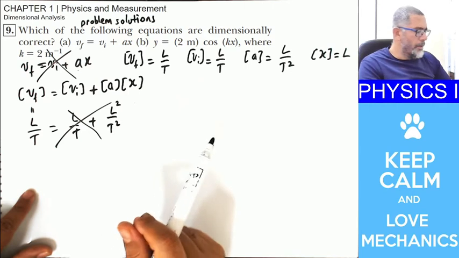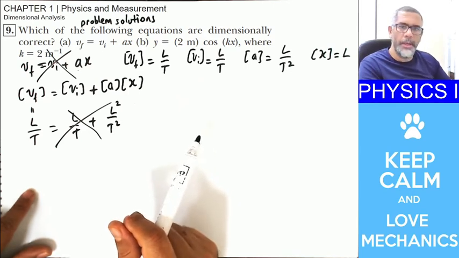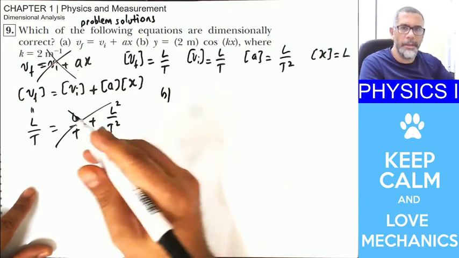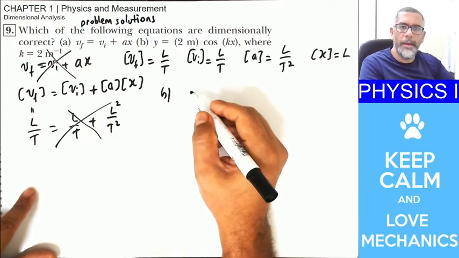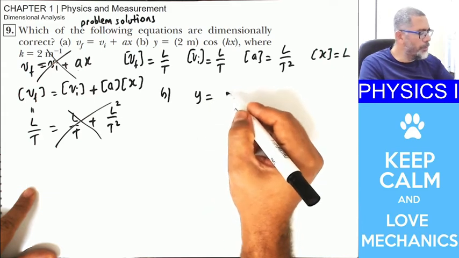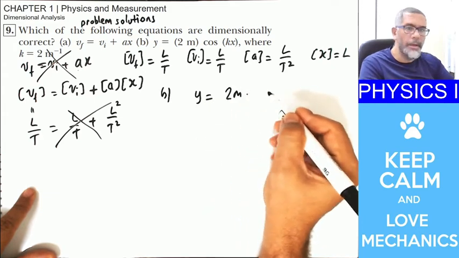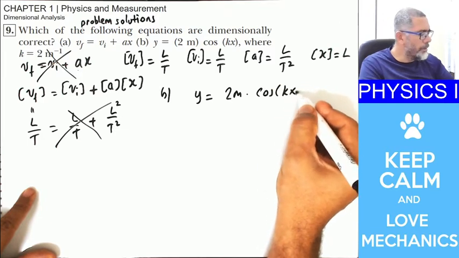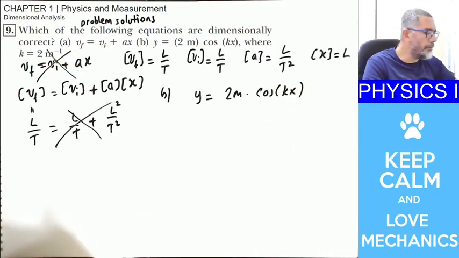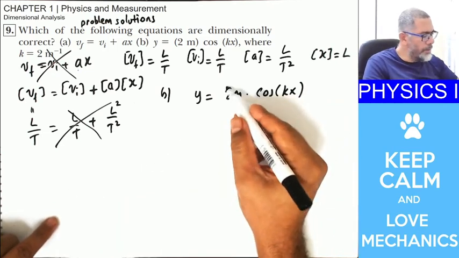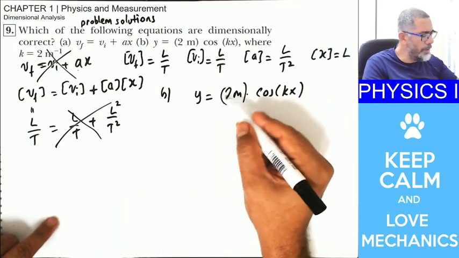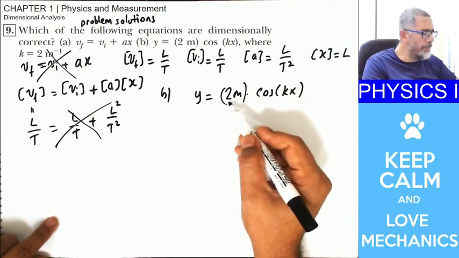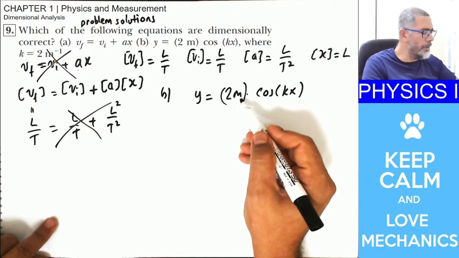Okay, so next is the second part of the question, B. y is equal to 2 meters multiplied by cosine kx. This is 2 meters, this expression over here. It is a numerical expression, but we know the unit for it.